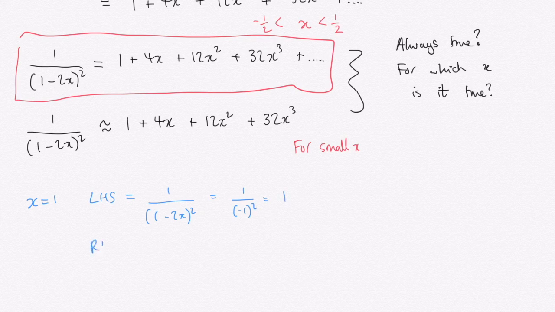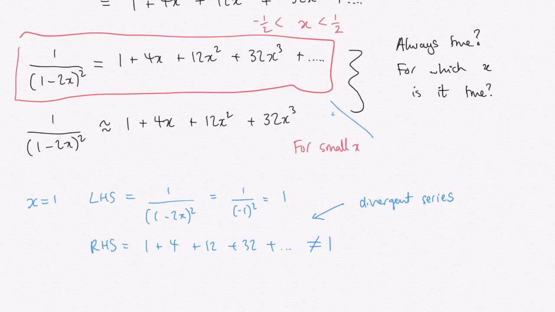The right-hand side, which is 1 plus 4x plus 12x squared, is going to be equal to 1 plus 4 plus 12 plus 32 plus adding on increasingly large numbers. Well, this is clearly not equal to 1. This is what we might call a divergent series, and you're going to learn a bit more about divergent series when you do sequences and series. But it's clearly not the case that this is true when x equals 1.